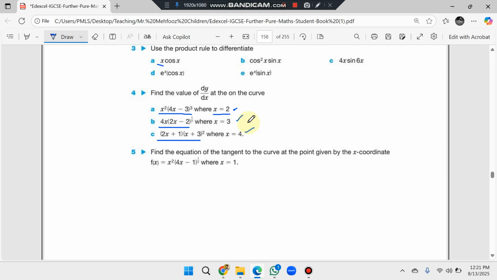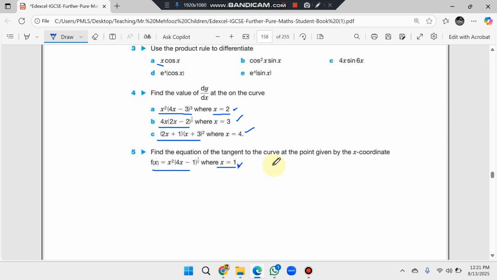The last question is to find the equation of the tangent to the curve at the point given by the x coordinate, where x is equal to 1. So first of all we take the derivative, secondly we have the value of x. When we put x equal to 1, we get some value of y, right?